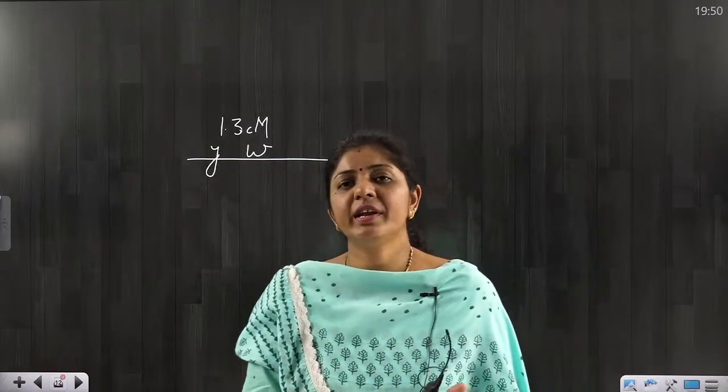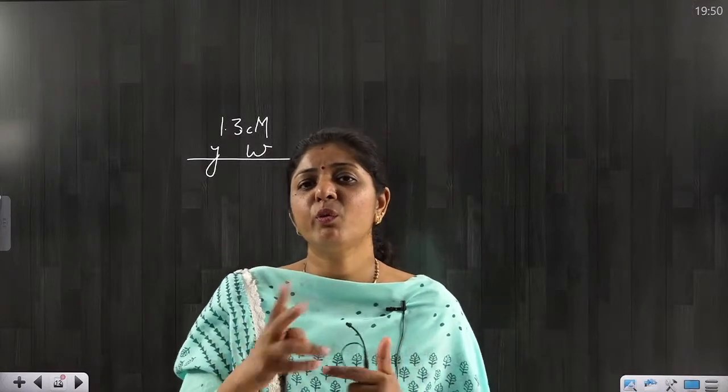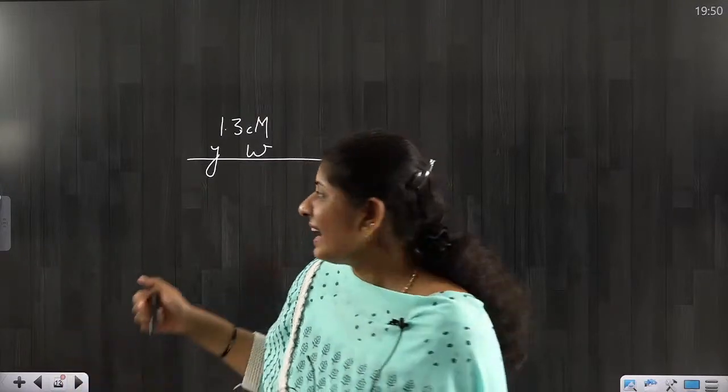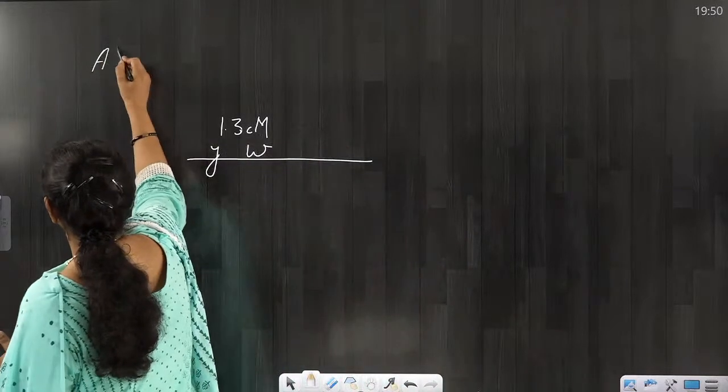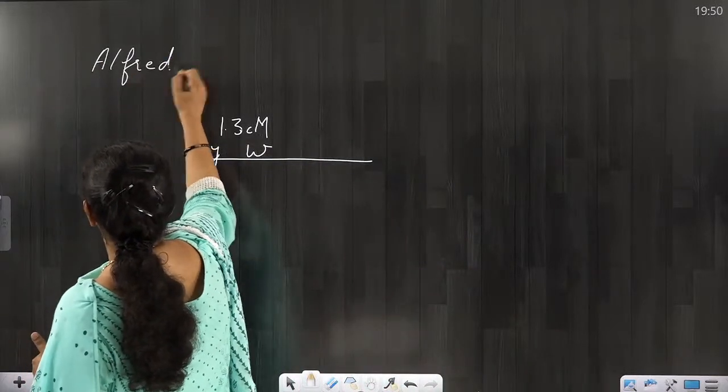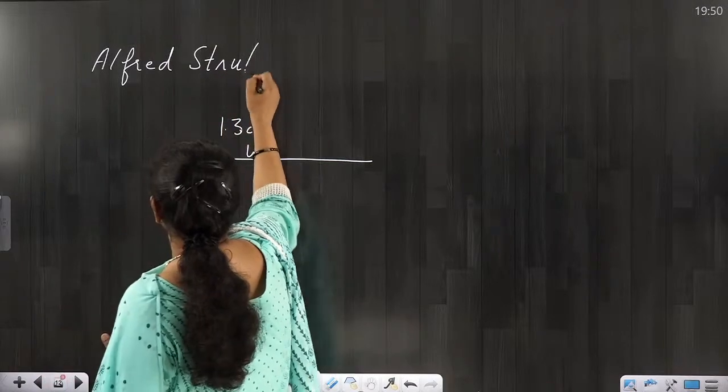Who had given this relation? Linkage and recombination, fine, that was explained by Morgan. But which scientist correlated this frequency of recombination and arrangement of the genes on the chromosome? That was given by the scientist Alfred Sturtevant.